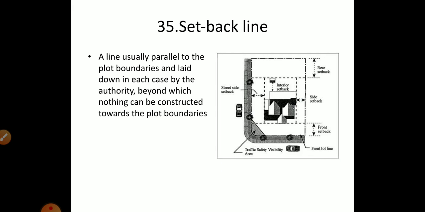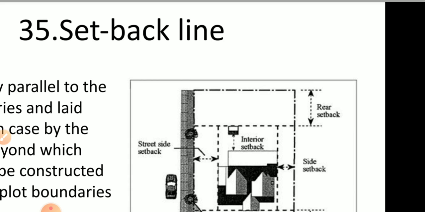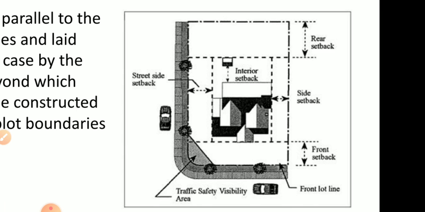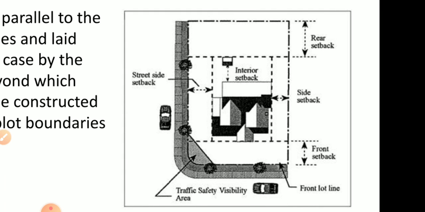Okay, the next part is the setback line. You can see here a street side setback, side setback, front setback, rear setback. So what is basically the meaning of the setback? A line which is usually parallel to the plot boundaries and laid down in each case by the authority, beyond which nothing can be constructed towards the plot boundaries.